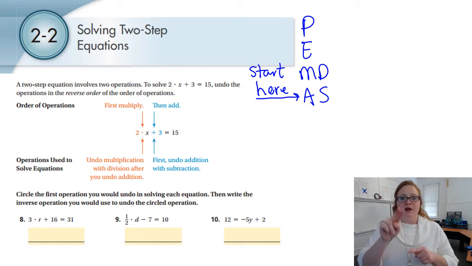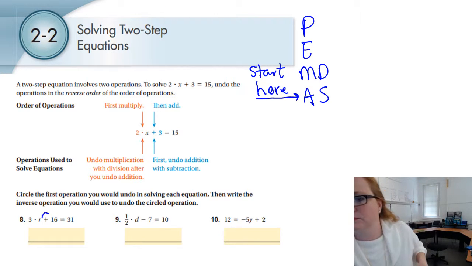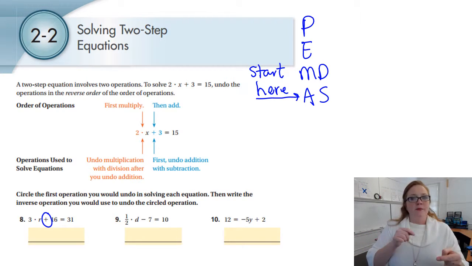Circle the first operation you would undo when you solve this equation. 3 times r plus 16 equals 31. The first operation you would undo would be addition. The opposite of addition would be what? Subtraction.